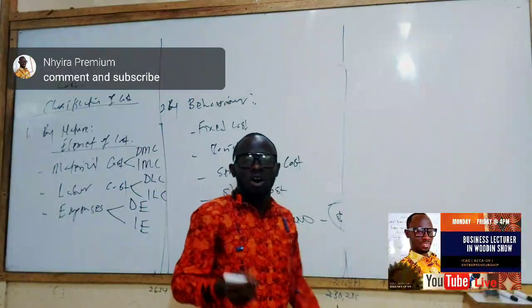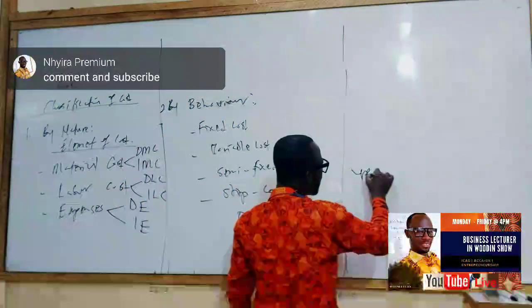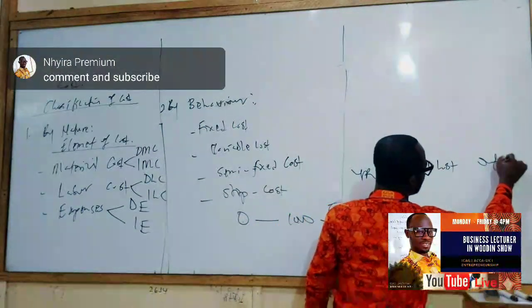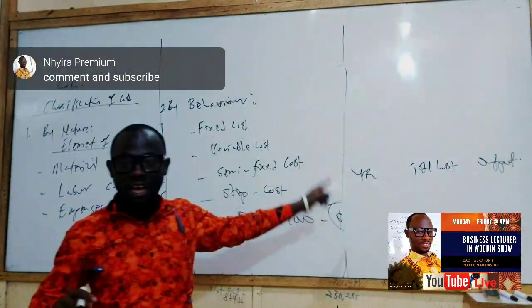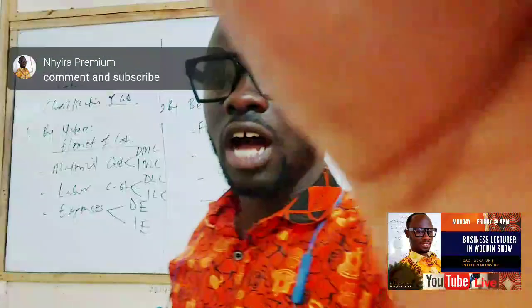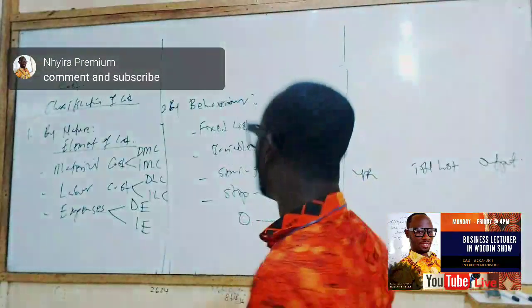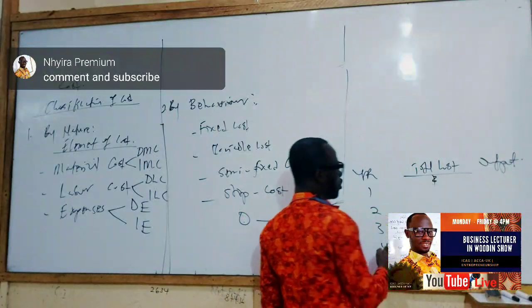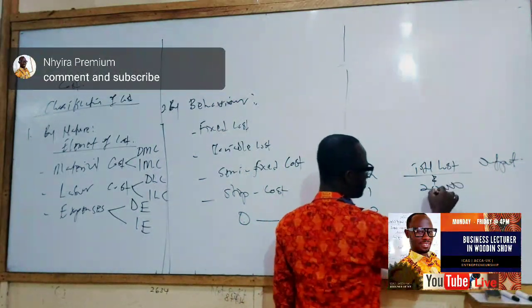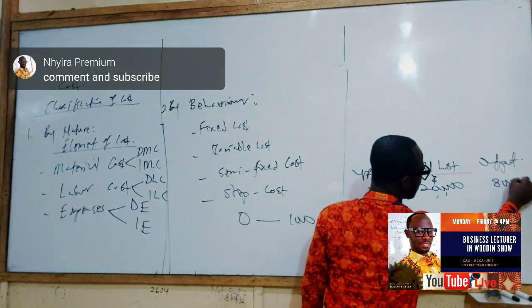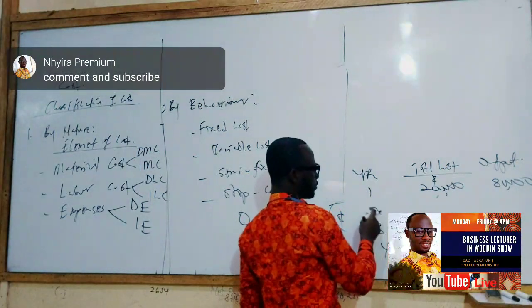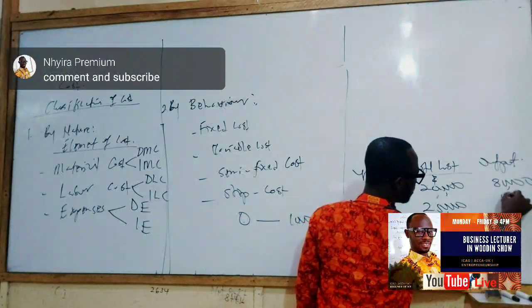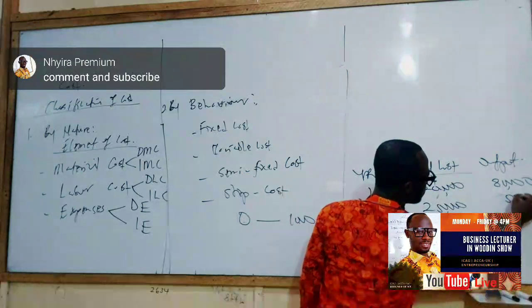So you go to the exam hall and this is the question. We have the year, the total cost, and the outputs. Year 1, year 2, year 3, year 4. Let's say the total cost in dollars is 200,000, with an output of, say, 80,000 units. Then 250,000 has an output of, say, 50,000.